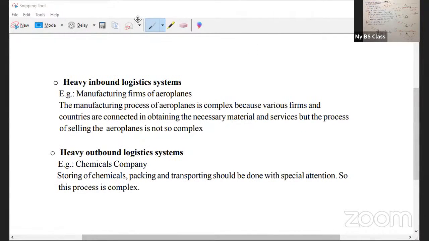It's very easy, like I say, to remember with one example. If you remember one example, you get the heavy inbound and heavy outbound. So when you come to this part, it could be aeroplanes, cruise lines, ships, right?